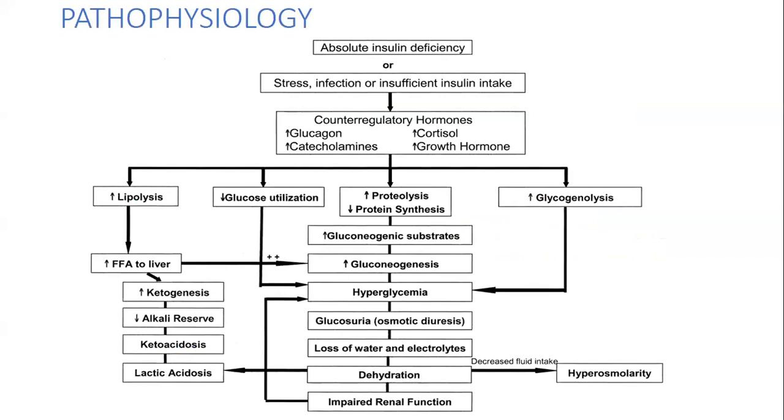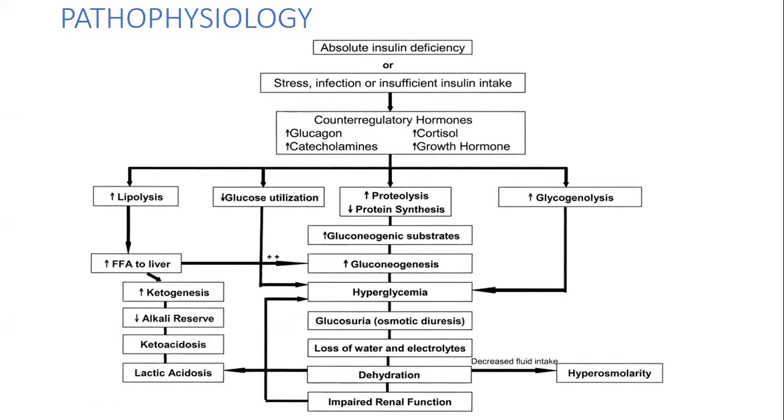So you have absolute insulin deficiency, or relative insulin deficiency, leading to an increase in the counter-regulatory hormones. When that happens, because you don't have insulin, insulin will not go into the cell. So there will be reduced glucose utilization into the cell. We said insulin usually is anabolic, so it tries to store things.